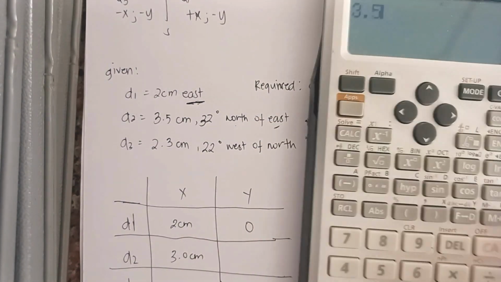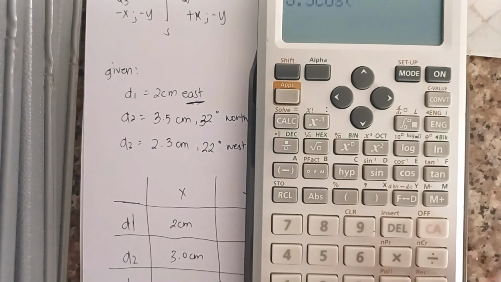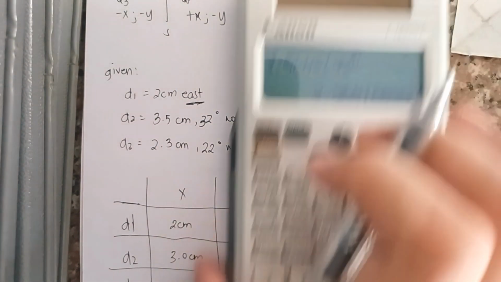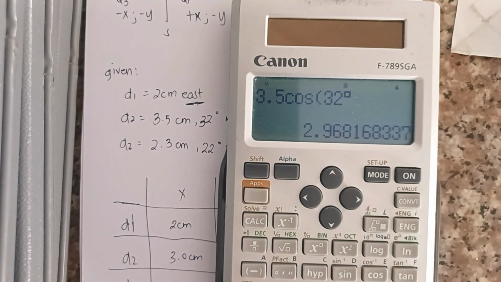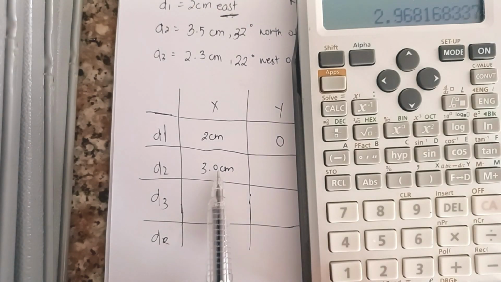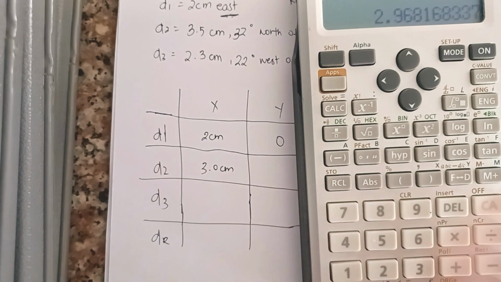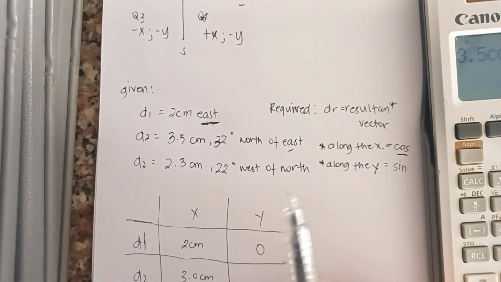So, meron siyang east, cosine, and then the degrees. 32 degrees. So, we have 2.96. Pero mag-round up tayo sa whole number. So, ito ay magiging 3. So, we have here for the x-axis, we have the 3 centimeters. Maliwanag po?